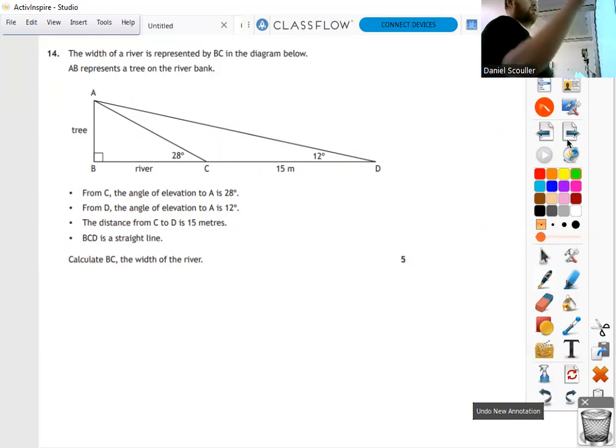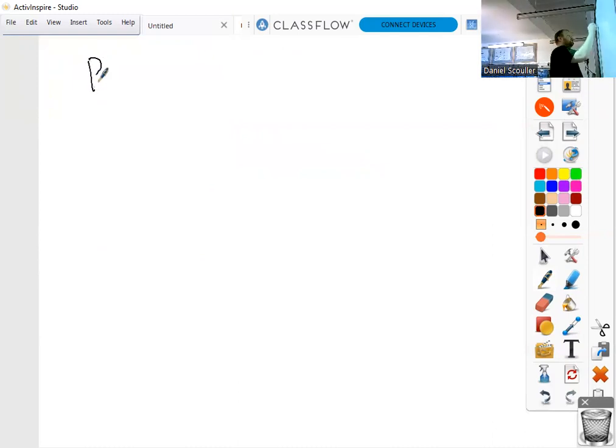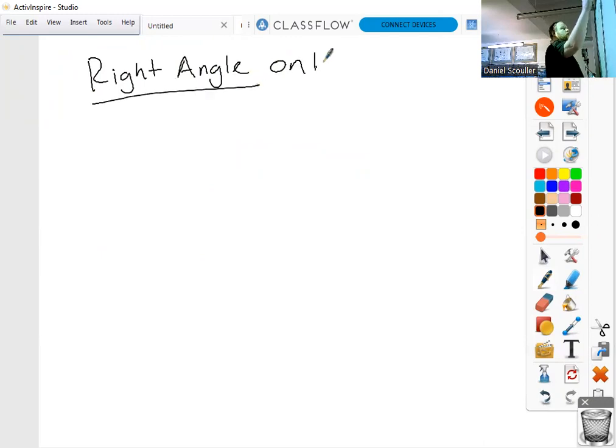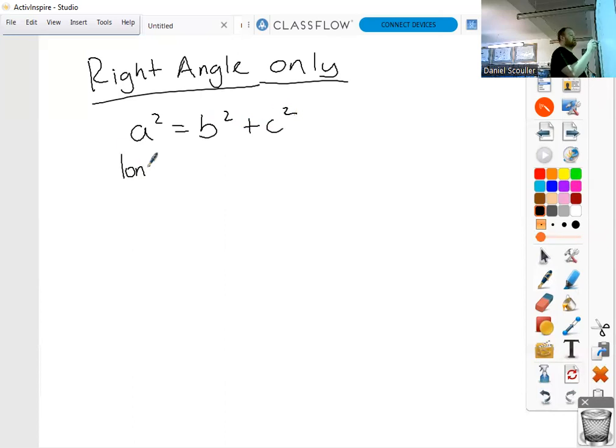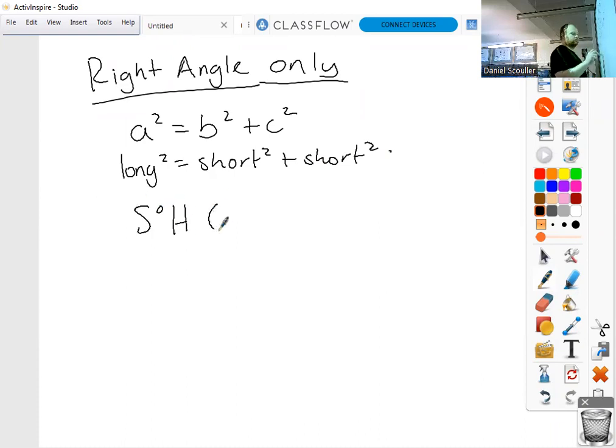So what do I mean by what rules? Well, the rules that we use for right angle triangles, the right angle only. Is that a squared equals b squared plus c squared, which is our long side squared equals our short side squared plus our short side squared. And our SOHCAHTOA rules.